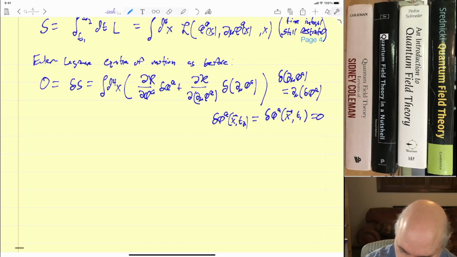And we're going to also have that for all times, at infinity, at any time, any variations are 0. Actually, the fields themselves.